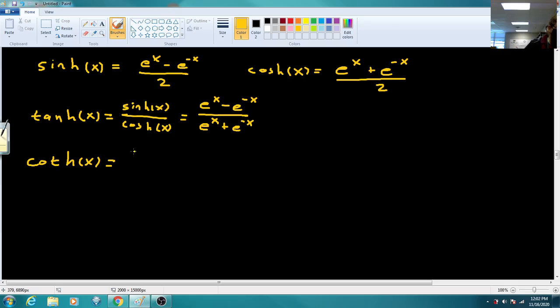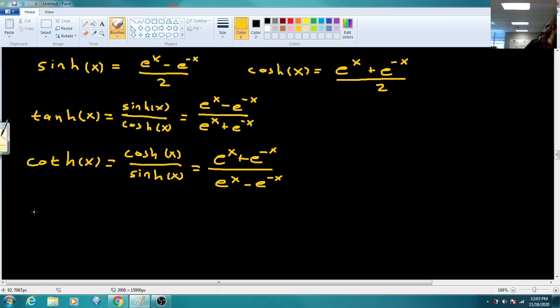So hyperbolic cotangent is this stuff flipped. We got hyperbolic secant and hyperbolic cosecant. Hyperbolic secant is the same as 1 over hyperbolic cosine.